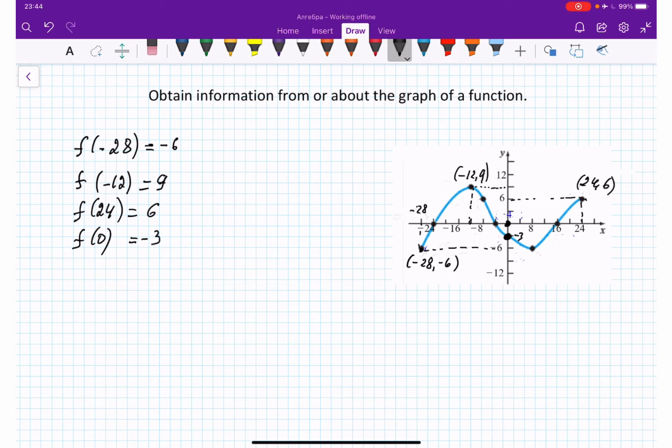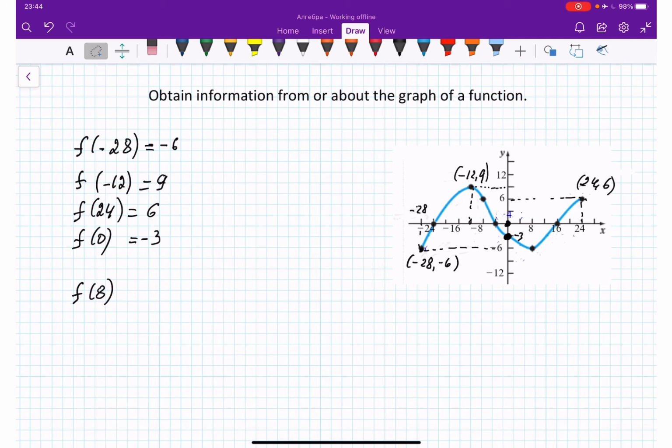Okay, next we need to find out if f of 8 is positive or negative. Let me move a little bit separate because it's a different type of problem now. F of 8, where is our 8? It's right here.